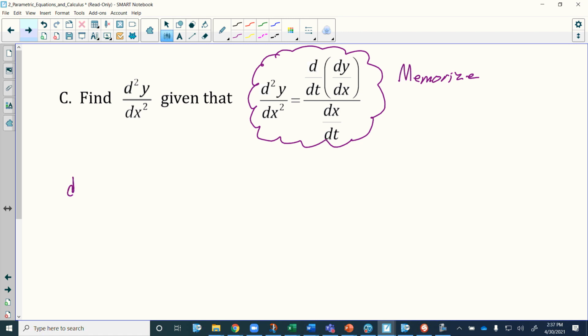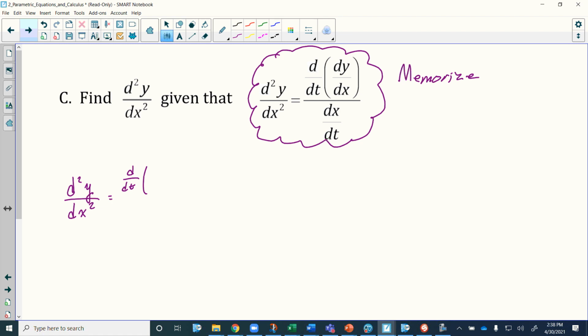I'm going to say d squared y over dx squared, the second derivative of y with respect to x, is equal to d dt. Now here, d dt, there's nothing to substitute. It's just indicating that that is going to be the derivative of whatever is in the parentheses with respect to time.